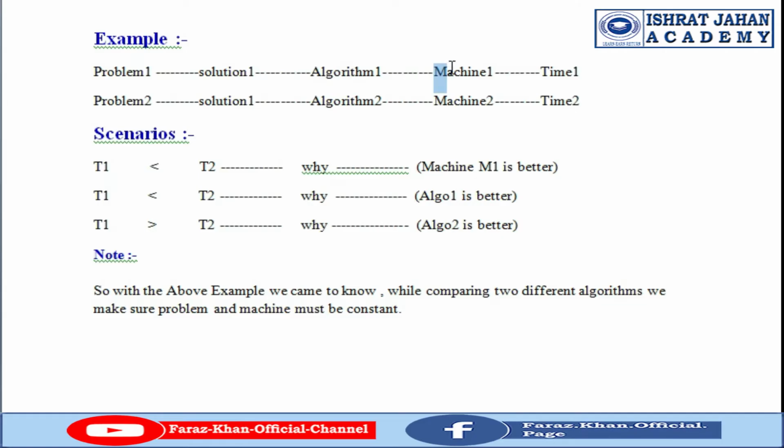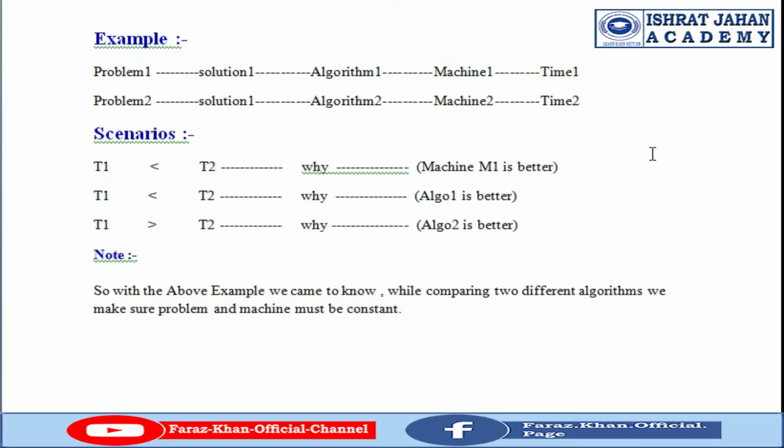To execute that algorithm, we can have machine number one, and that machine obviously will take some time. We call it time number one. Problem one, solution one, algorithm one, machine one, and time one.